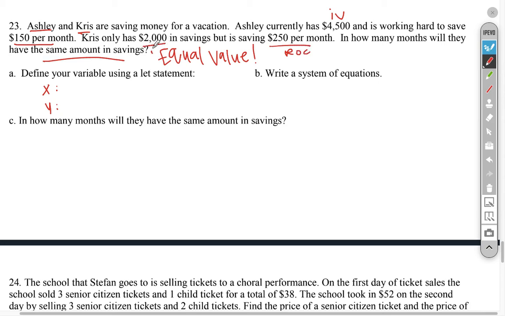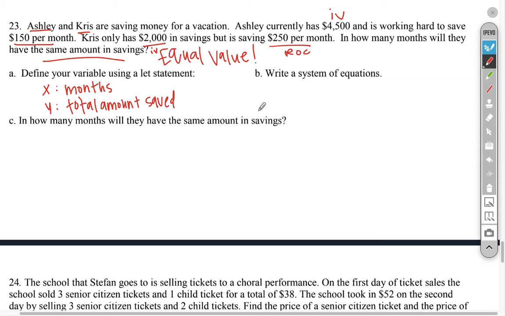And this is our initial value. So this $250 per month is telling me that we're going to have 250x. So our x is going to equal months. And then our y is going to equal the total amount saved. If we combine this $150 per month and what they have in savings, the y will tell us their total amount saved.